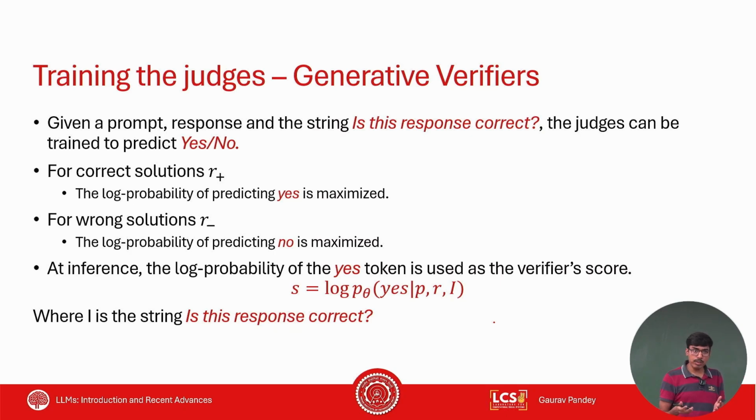And if the response was wrong, you maximize the probability of generating the token no. So this is a very simple scenario, where you took a judge model and simply maximize the probability of generating yes or no. If the solution is correct, maximize the probability of saying yes. If the solution is wrong, maximize the probability of saying no. During inference, you will simply look at the probability of the token yes and say, this is my score. Whatever the log probability of the token yes is, that's the score of this response. And then you can use that signal for reinforcement learning or whatever you want.